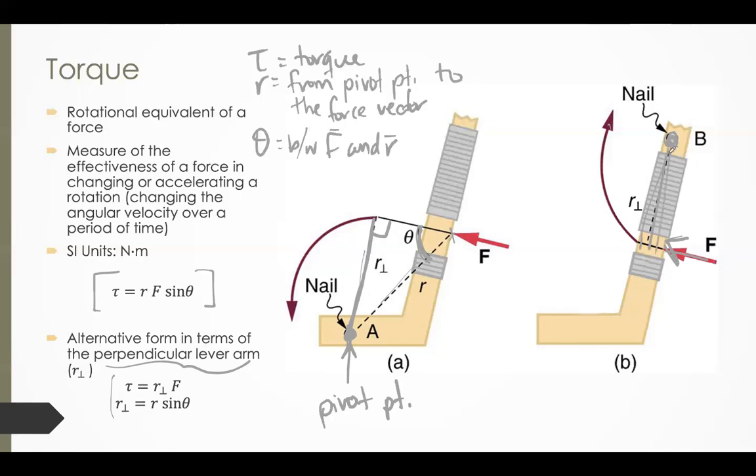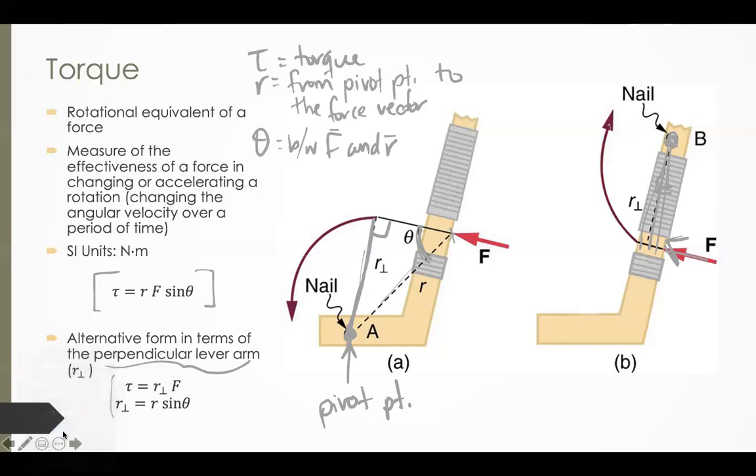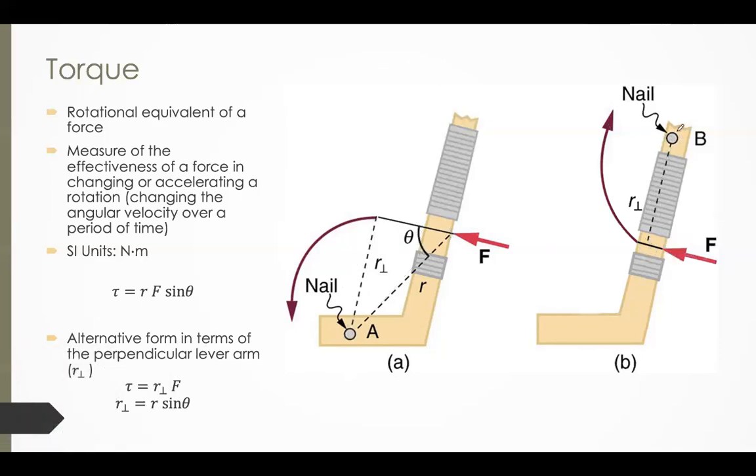Your R lever arm is the distance between this pivot point and your force.